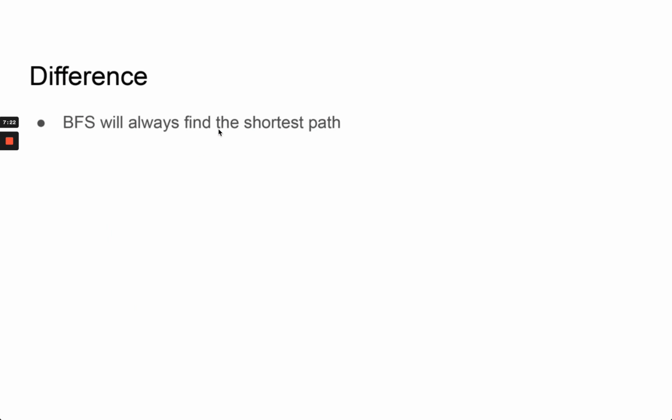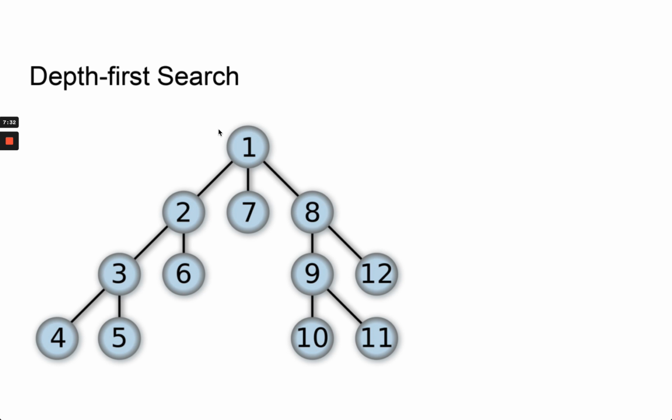There are numerous differences, but BFS will always take you to the shortest path to every node. For example, let's go back to the DFS example. Let's say that we had another node out here, 13, and there was a path from 1 to 13.